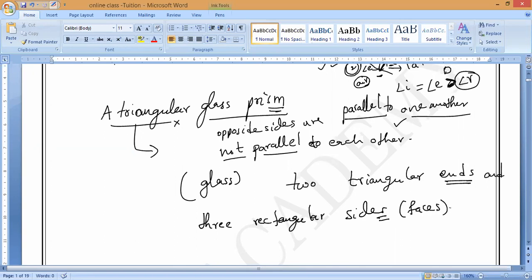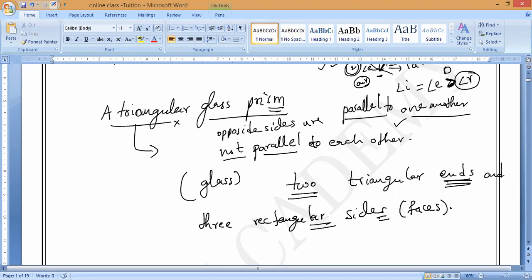Two triangular ends and three rectangular faces. So totally how many sides does a triangular glass prism have? Five. Two triangular ends and three rectangular sides. That is what you have to remember.